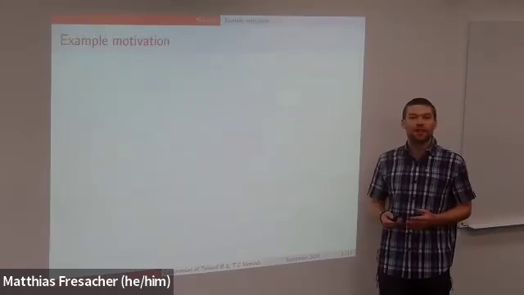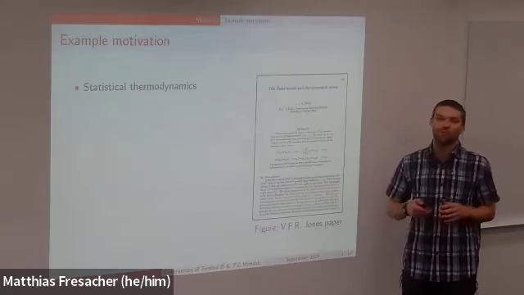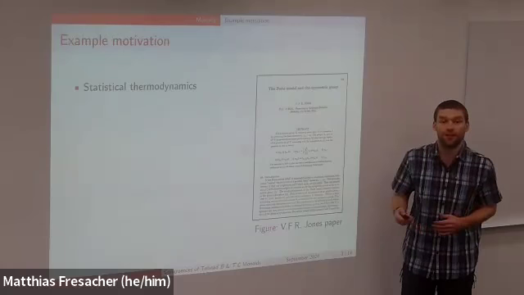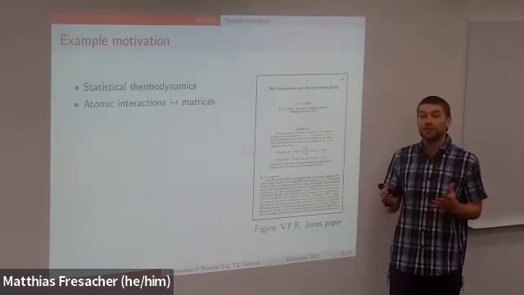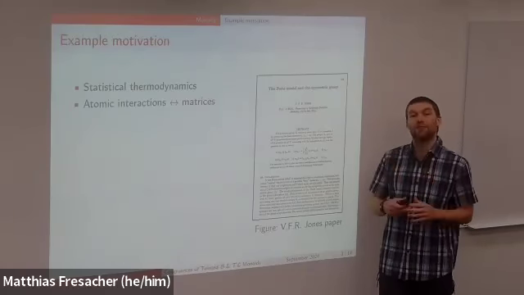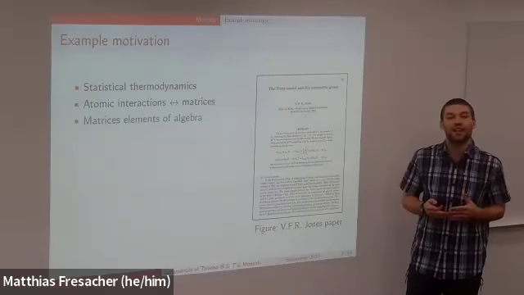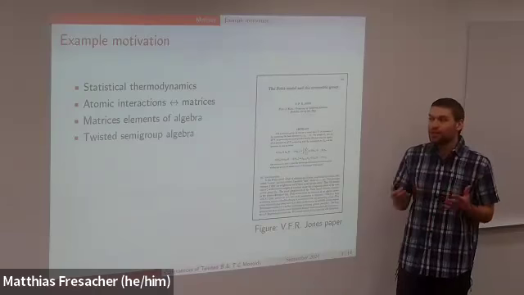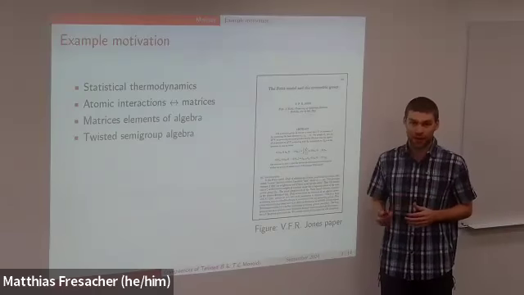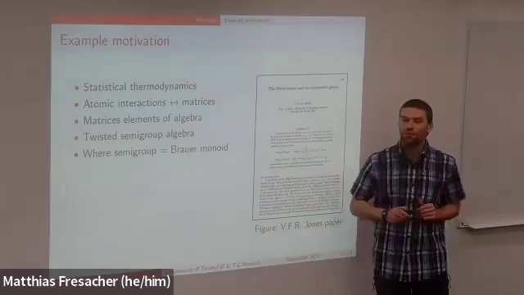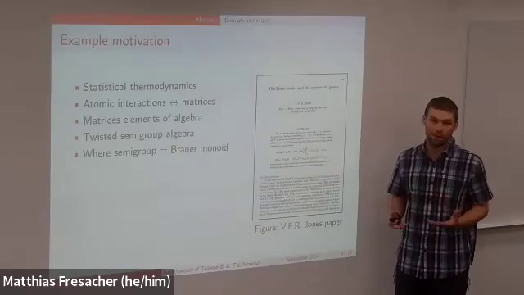To begin with, let's start off with some motivation, and this comes from the field of statistical thermodynamics. In this particular field, the atomic interactions between atoms are modeled by matrices. Specifically, these matrices are elements of an algebra, usually a twisted semigroup algebra, and that semigroup here is actually the Brauer monoid.